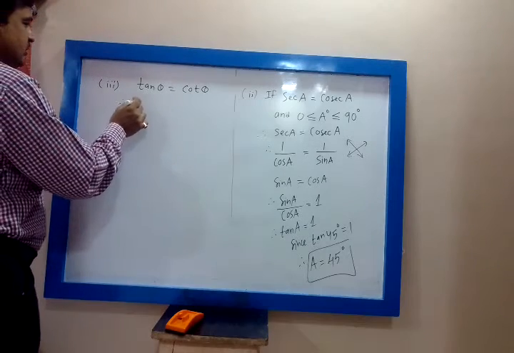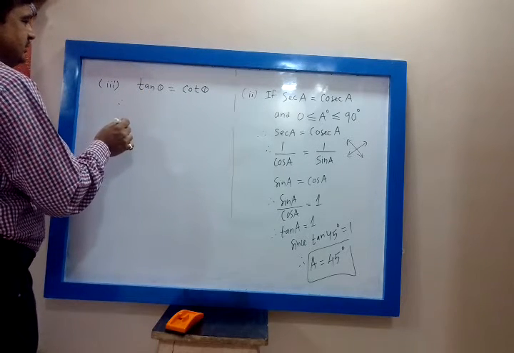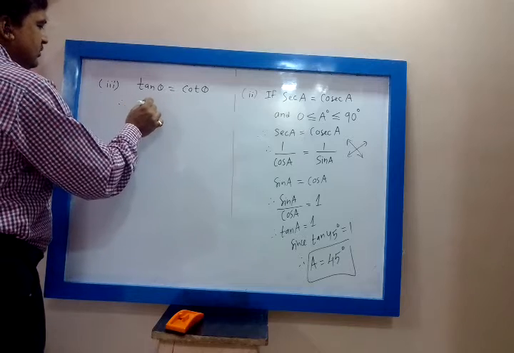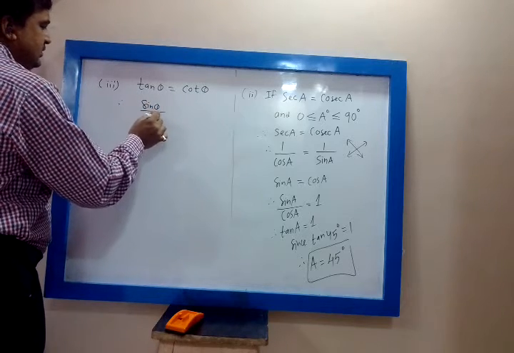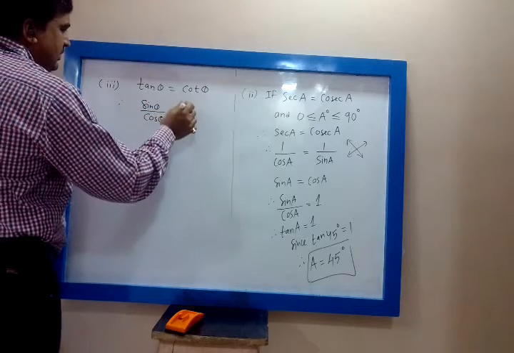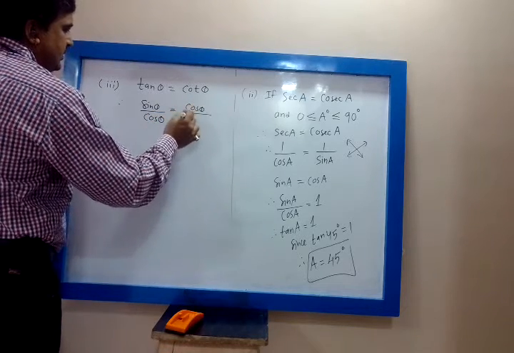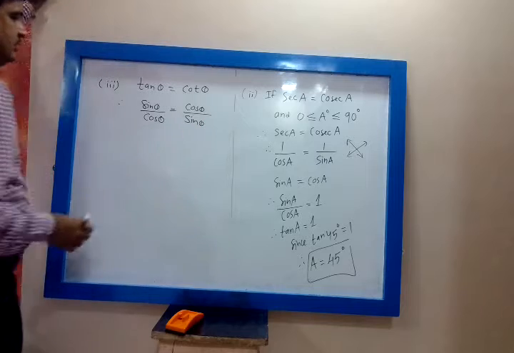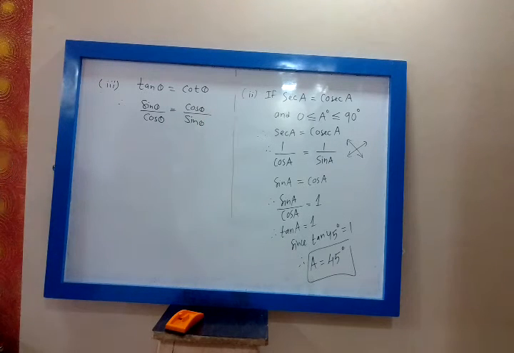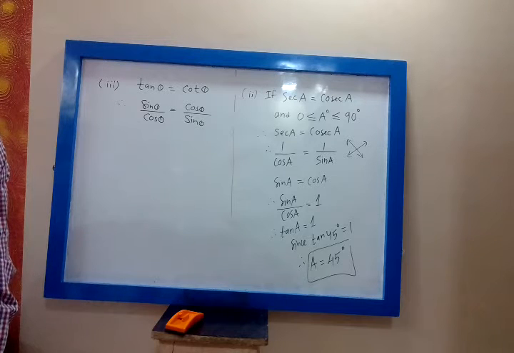So tan theta is equal to cot theta. What is tan theta? Tell me. Sin theta upon cos theta. Cot theta is 1 upon tan theta, the reciprocal of this: cos theta upon sin theta. So simplify this, what you will get?